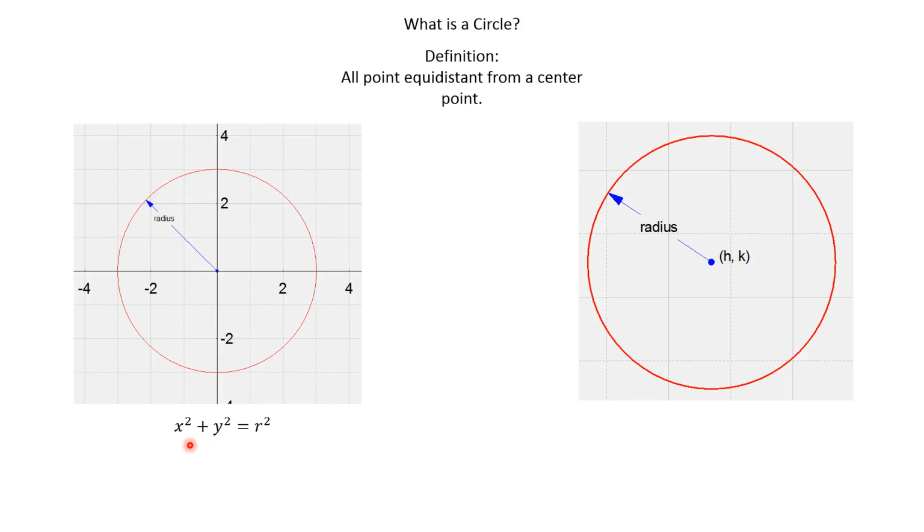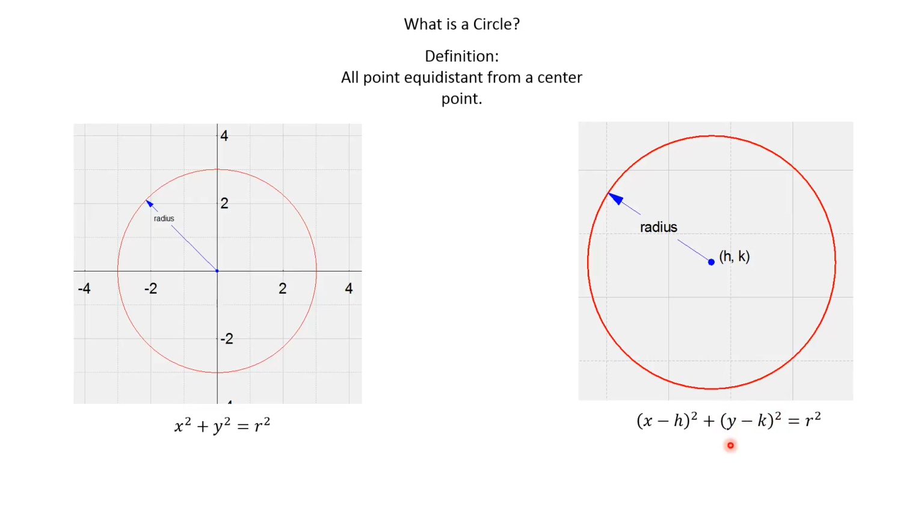So if we started out with x squared plus y squared, well, x, we moved it over h, that just becomes x minus h squared. And then usually with the y, we would add k just to the end of the function, but we don't have a function. We do the same thing with the k that we would do with the h. So we're going to get x minus h squared plus y minus k squared.